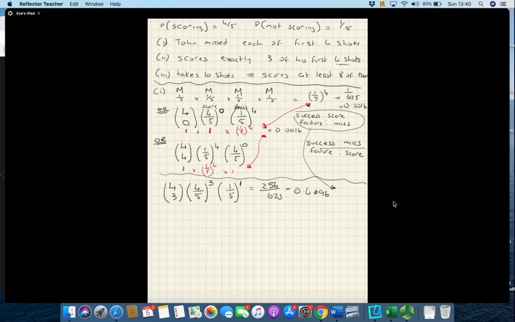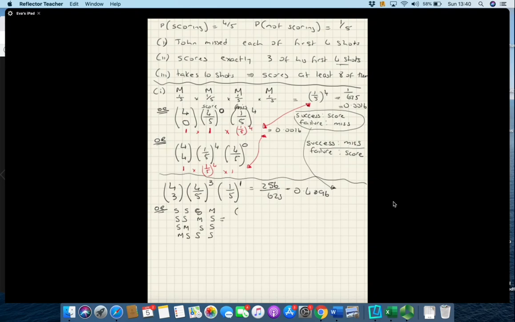Okay, and then how would you do that? By the very first method I used in part 1. Well, if he's going to score exactly 3, then we're going to have score, score, score, miss; score, score, miss, score; score, miss, score, score; miss, score, score, score.